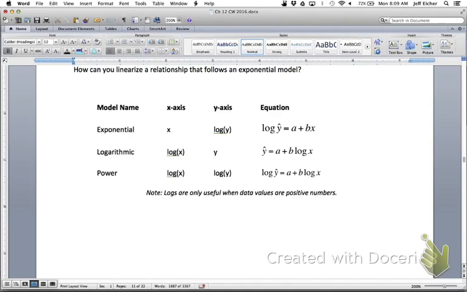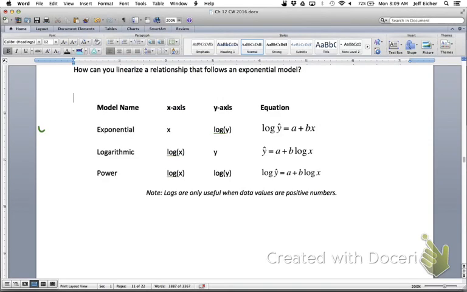So for an exponential model, the first one we have here, you'll notice that your x-axis remains the same, x, but you're transforming your y-axis to be a logarithm of that y response variable.